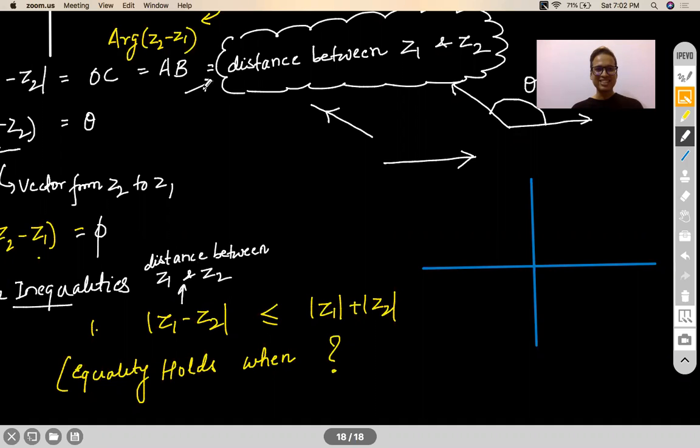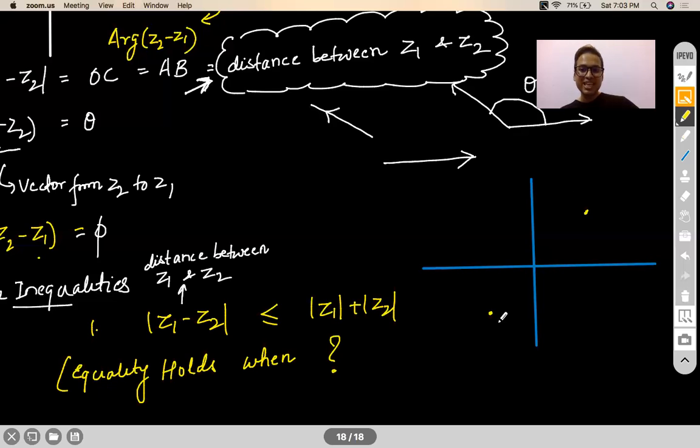It's the distance between Z1 and Z2. Now ask yourself, when is the distance between Z1 and Z2 the same as the sum of the distance of Z1 from the origin and the distance of Z2 from the origin? It can only happen when their positions are on the opposite side of the origin.